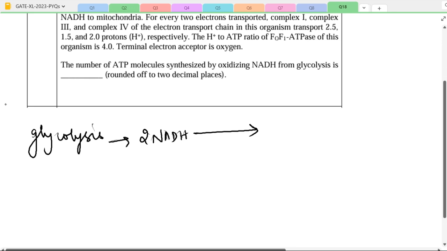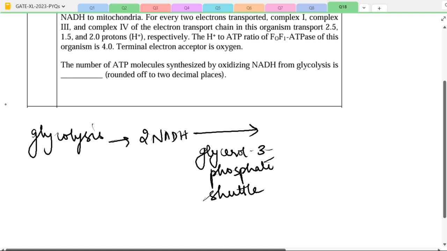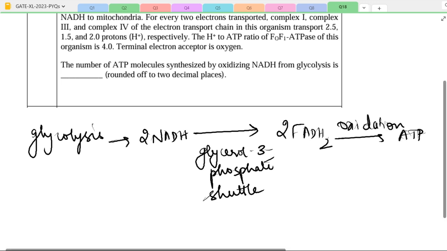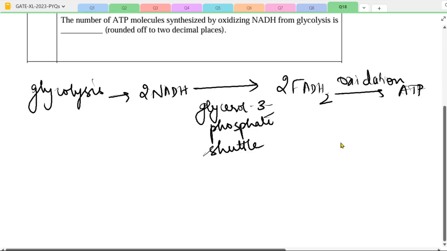And this NADH can get into the mitochondria via 2 pathways, and one such pathway is the glycerol 3-phosphate shuttle or the glycerophosphate shuttle, as they mentioned in the question. So if it goes through this particular pathway, it enters the mitochondria as 2 FADH2, and upon oxidation, this FADH2 helps in the formation of ATP basically.